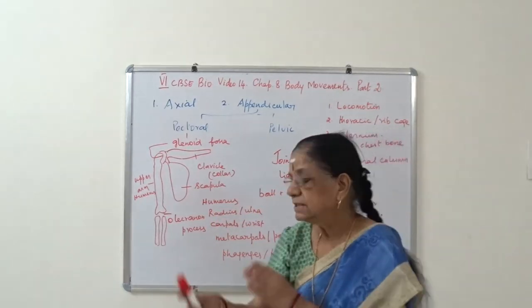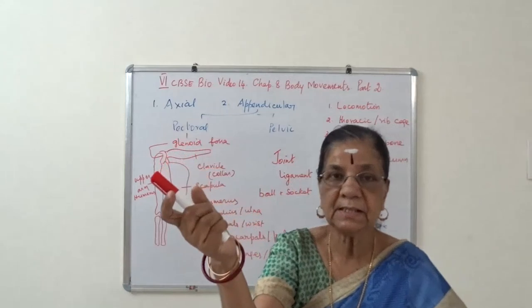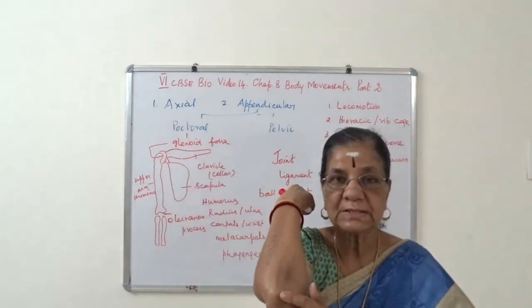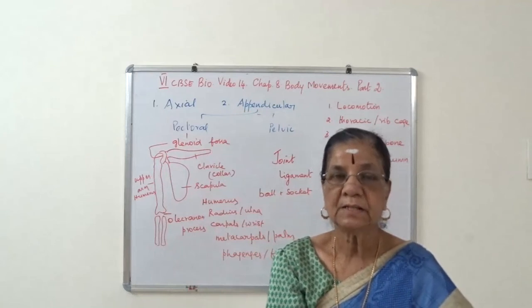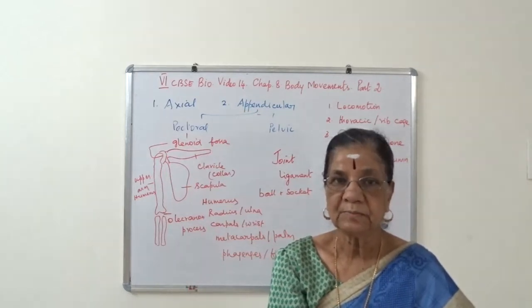So now this humerus ends in the olecranon process, the elbow, and then its continuation is radius and ulna.